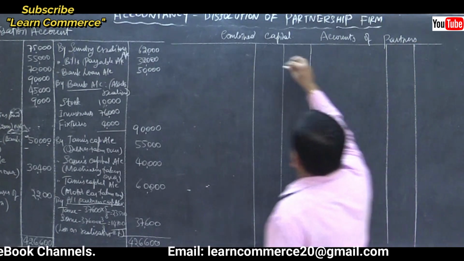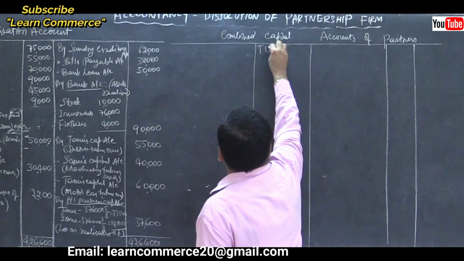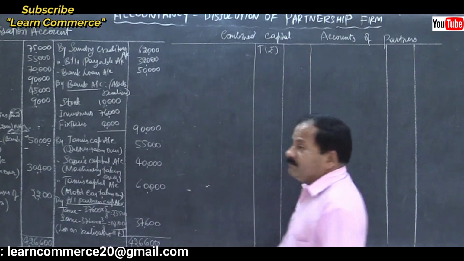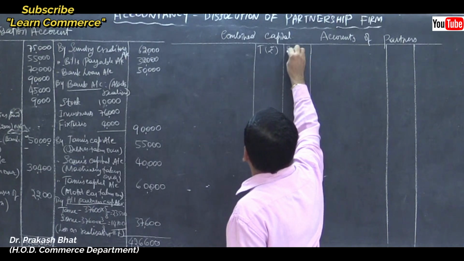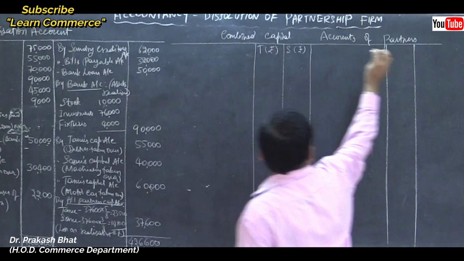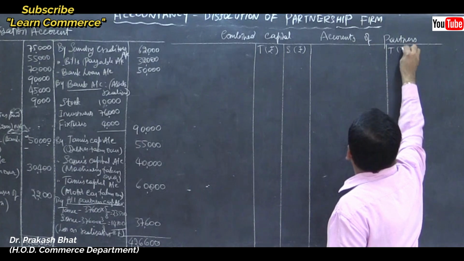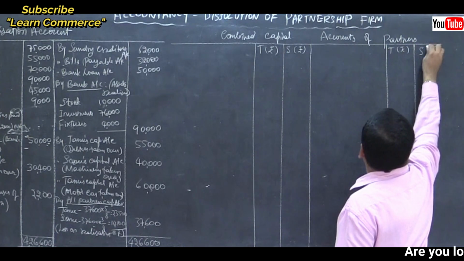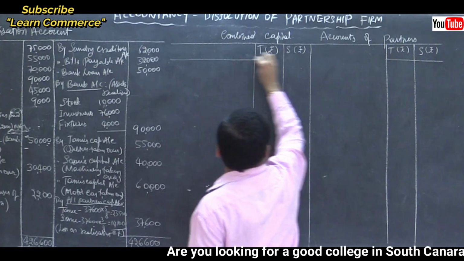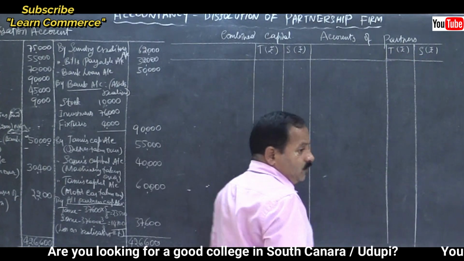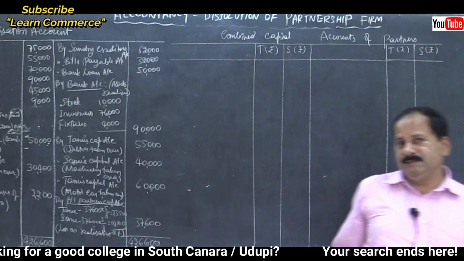Yes, Tanu and Sonu in rupees, debit, credit, particulars, then write the full names of partners, Tanu and Sonu in rupees. Do it fast.